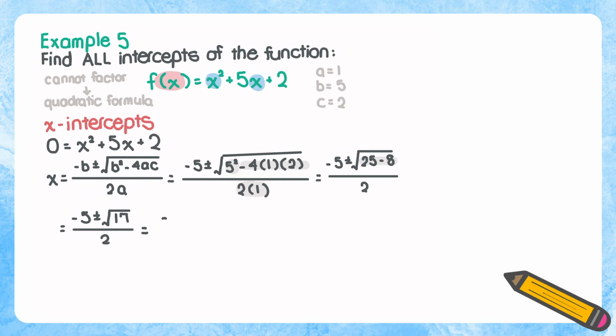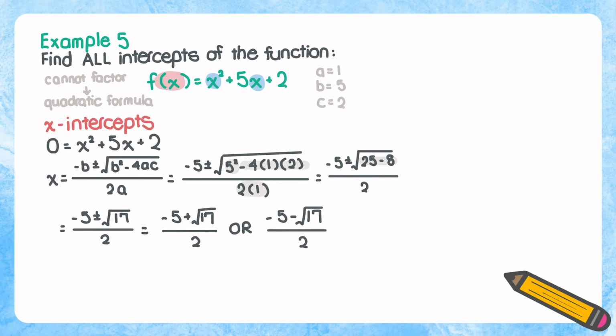And since we have the plus or minus, we have two potential options. Either negative 5 plus the square root of 17 over 2, or negative 5 minus the square root of 17 over 2.